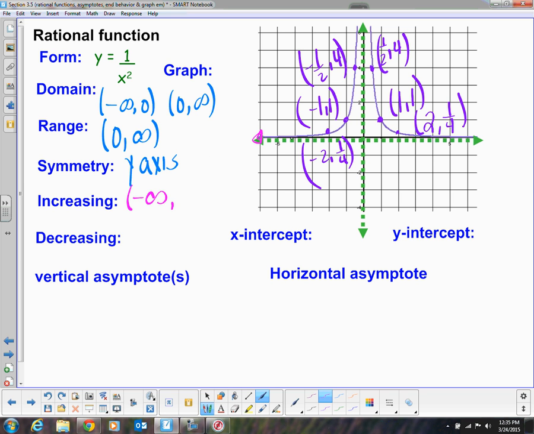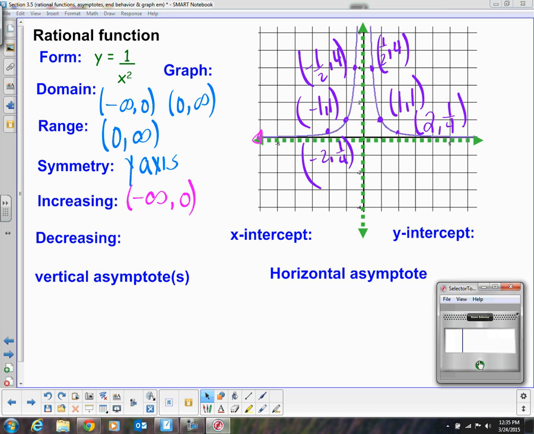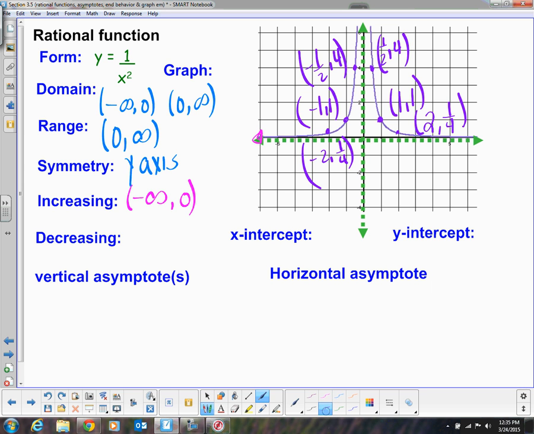Negative infinity. And it's going up, up, up, up, up to when? It's not going to go past that green line. 0. So that's where it's increasing. So now where is it decreasing? Nicole? 0 to infinity. You get on the other side, now all of a sudden I'm coming down.